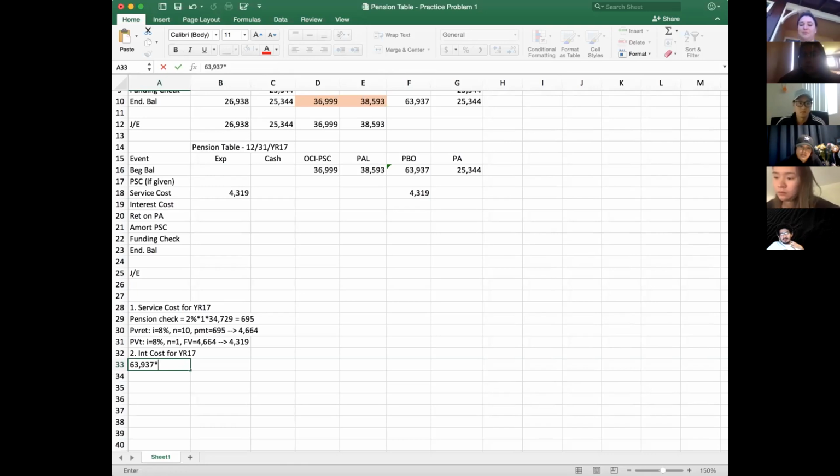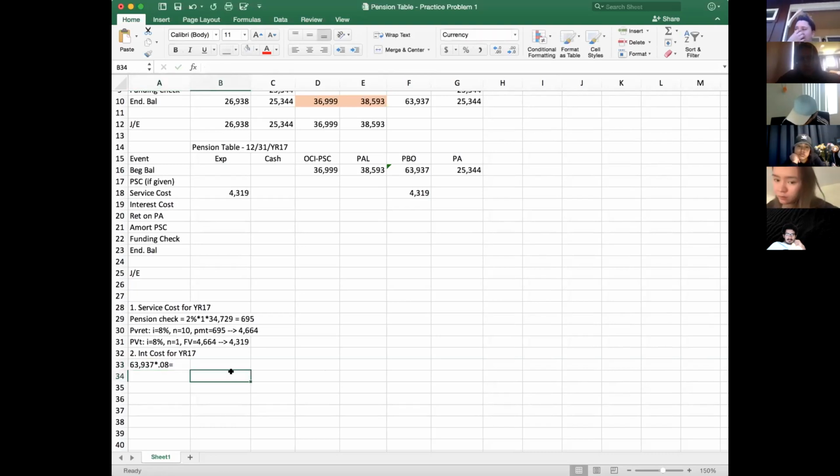All right, so interest cost: 63,937 multiplied by the settlement rate of 8%, right? So that is 63,937 multiplied by 8%, 5115.